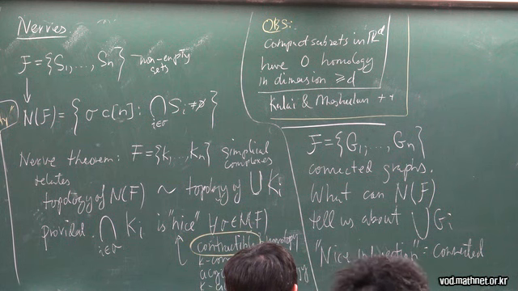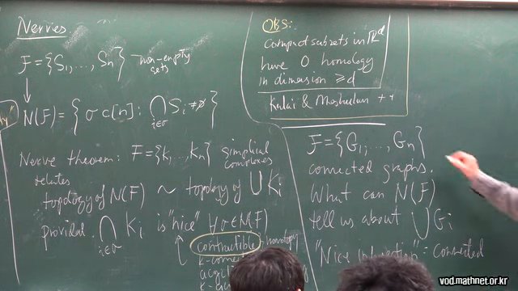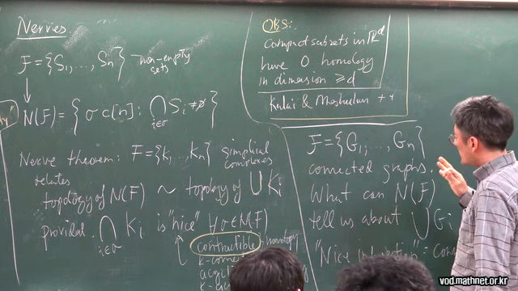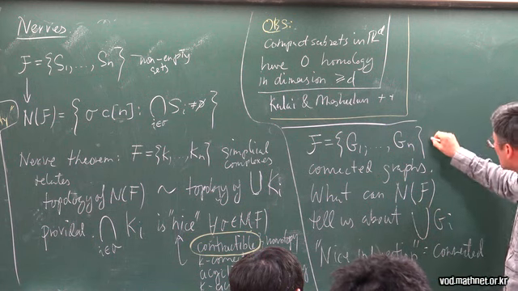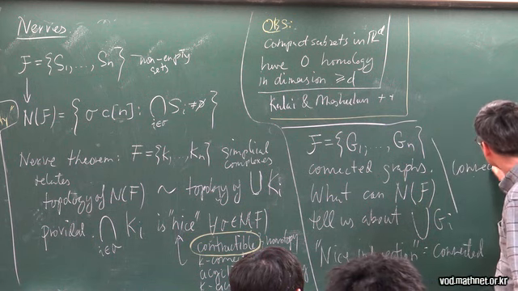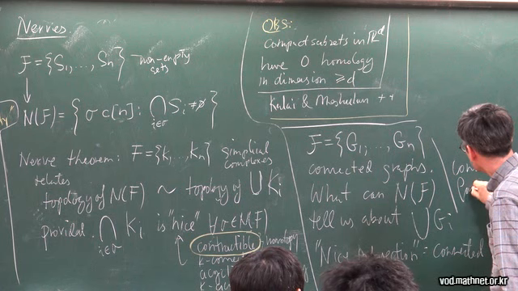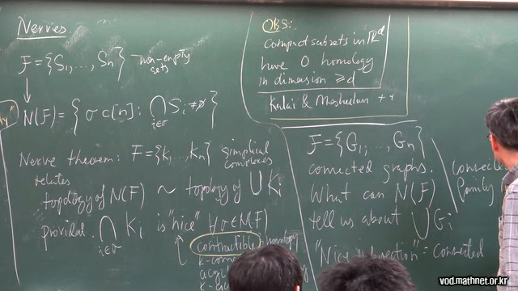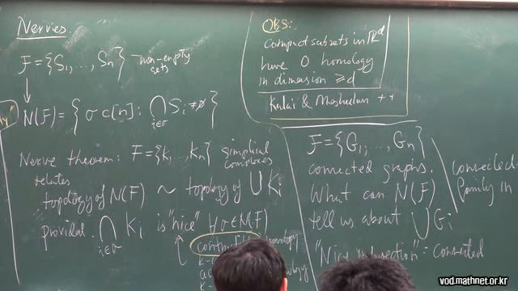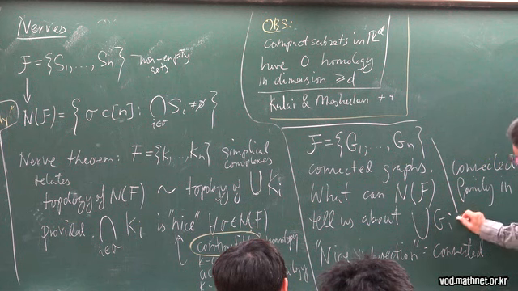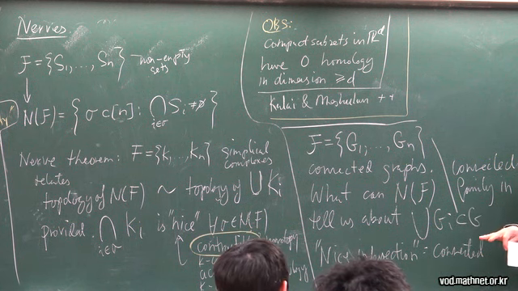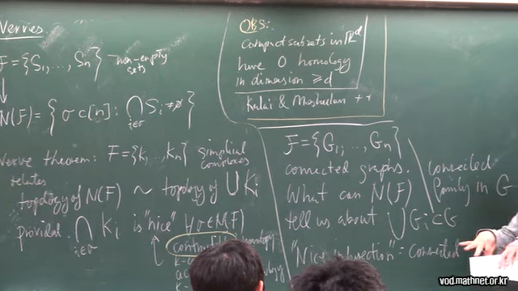So we need to modify it a little bit, or consider something more subtle. I'll call this a connected family in a graph G. I'm not going to require that they cover the entire graph, just a family of induced subgraphs that are connected.